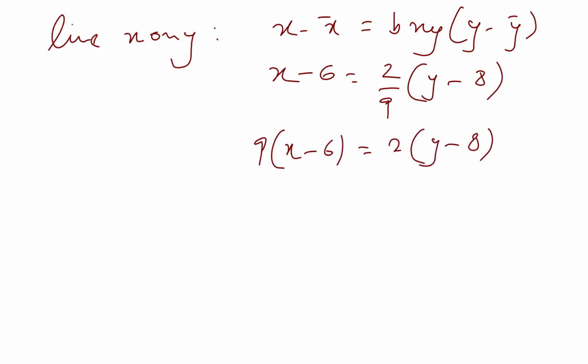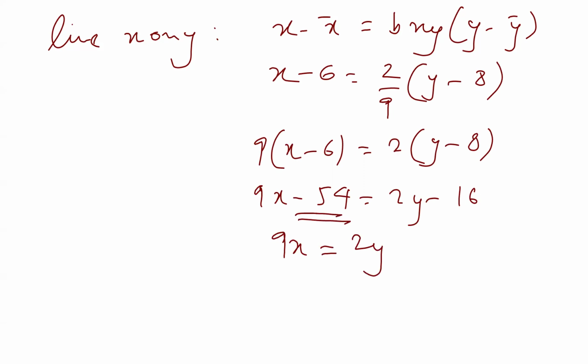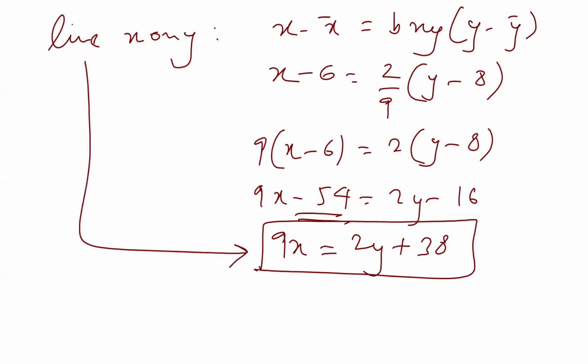So 9x minus 54, 2y minus 16. 9x is equal to 2y, 54 minus 16. That will give you plus 38. This is your line x on y. Fine. So the two lines are ready with us.